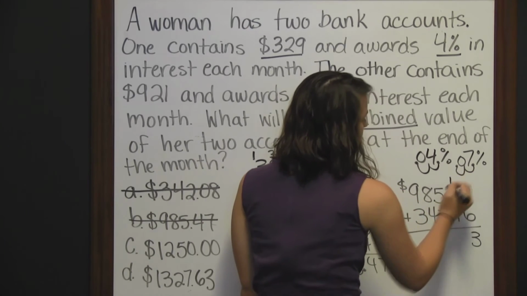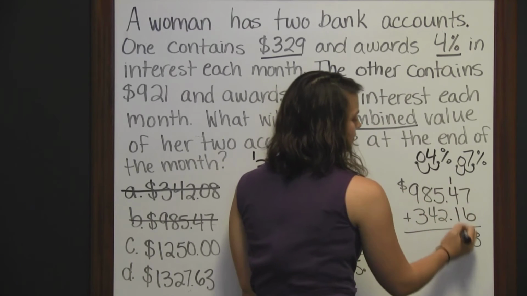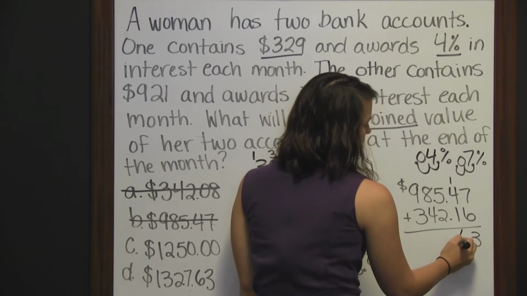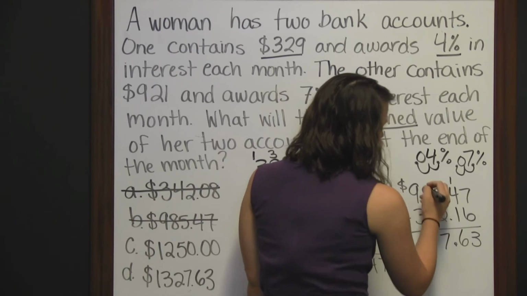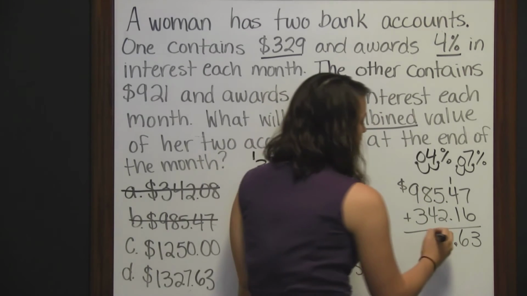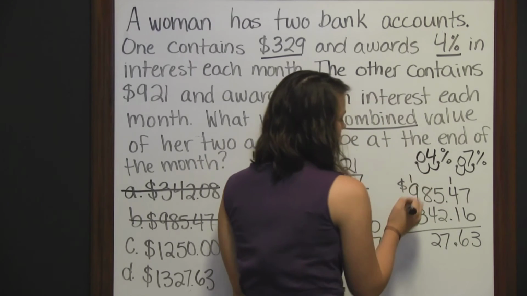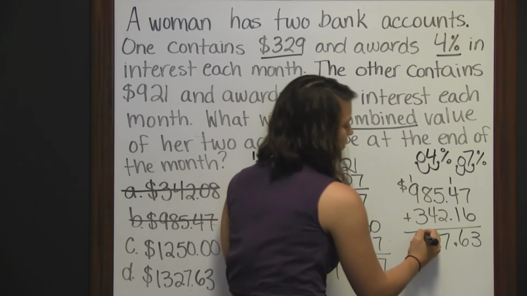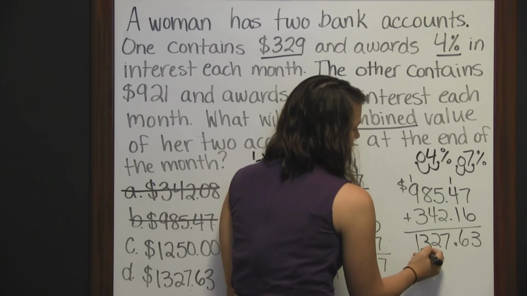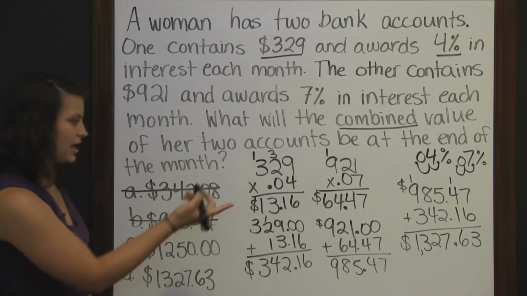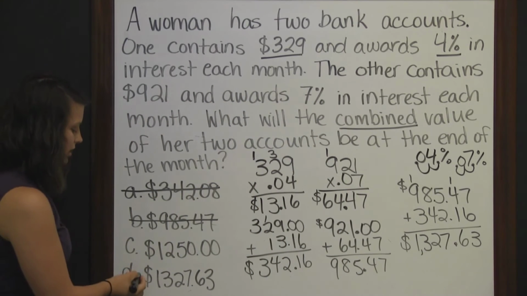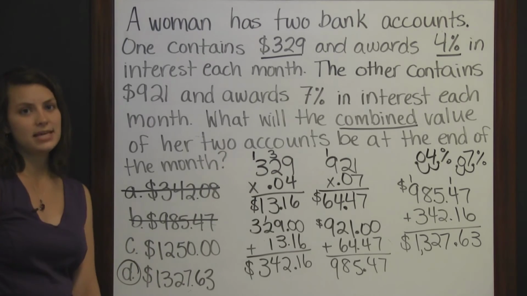Write the 3, carry the 1. 4, 5, 6. Bring down the decimal. 5 plus 2 is 7. 8 plus 4 is 12. Write the 2, carry the 1. 9, 10, 11, 12, 13. So we get $1,327.63, which we can see is answer choice D.